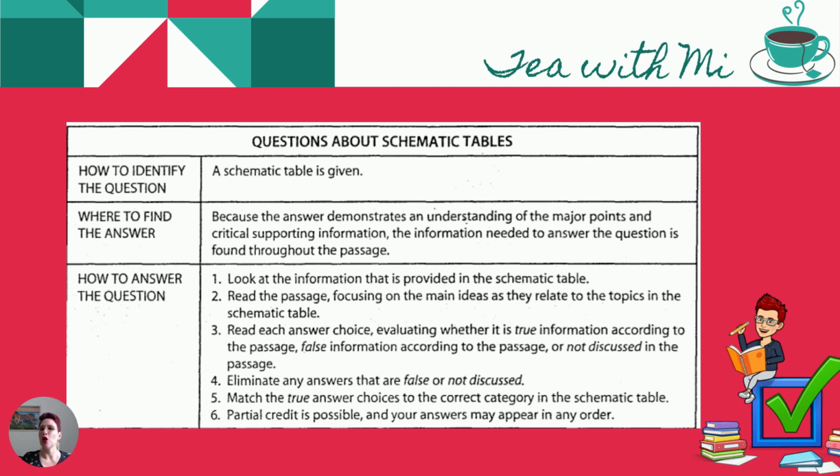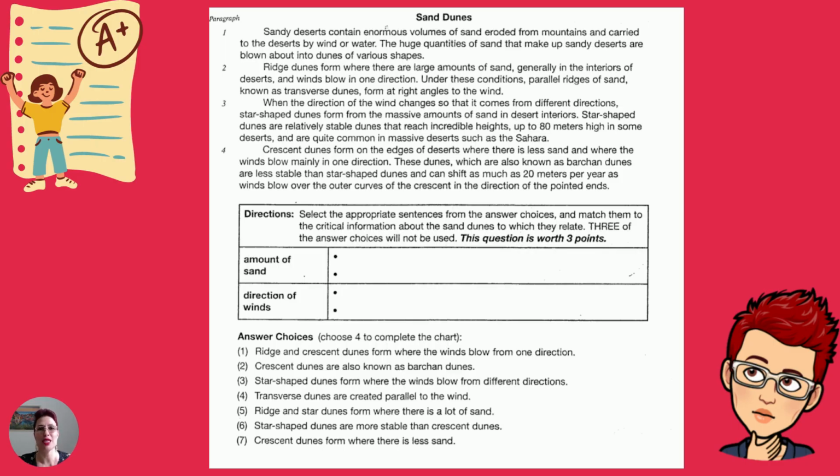And then you work with more complex questions because you have the time to do so. And here I have the Sand Dune sample text that you can practice reading, skimming, and selecting the false and not discussed sentences to complete the chart correctly.